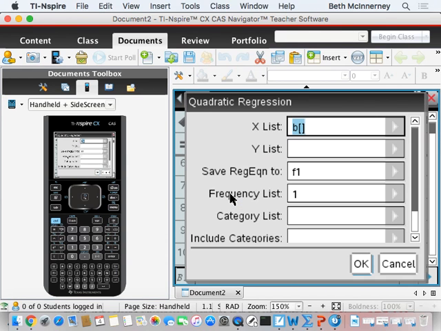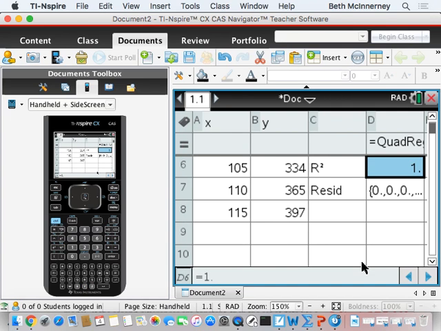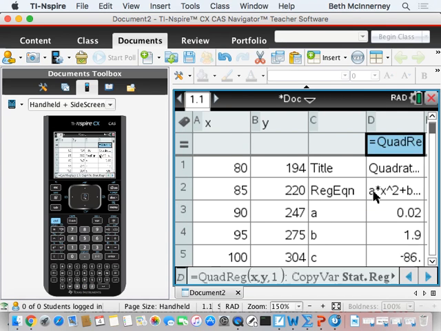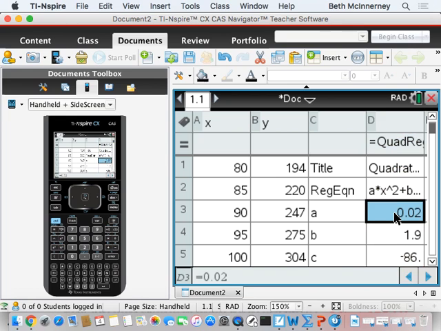So we're going to go down to quadratic regression, and we have to tell it that the x list we called x, the y list we called y. Arrow all the way down to OK. And then you need to make sure that you do click on the cell with the A value and the B value, because sometimes it's a long decimal number that you can't see. So you want to make sure that you are getting it accurately.